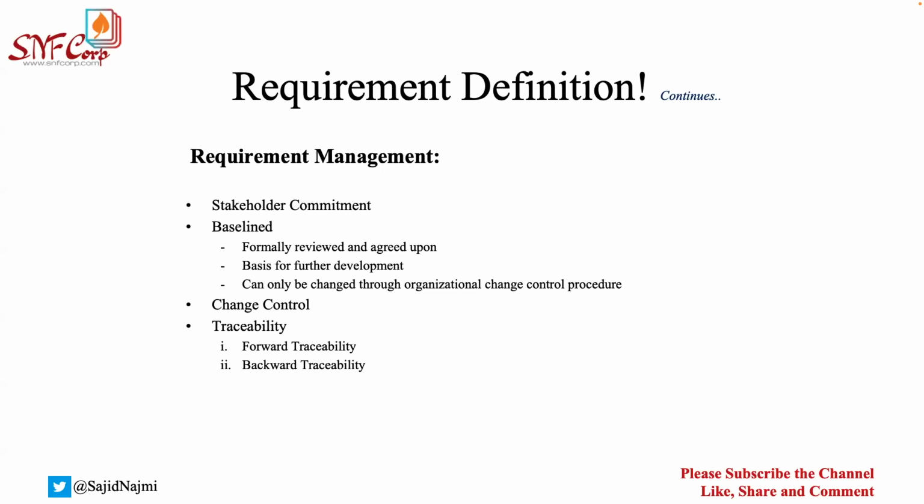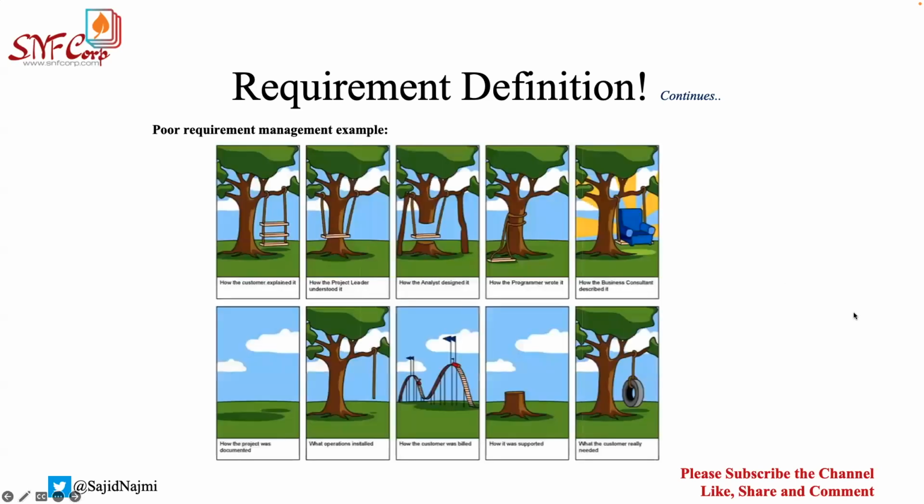Cool. So the next, wow, this is very interesting and very important. Look at this and tell me the difference. What is happening here? This is one of the perfect examples you can find on the internet of how poor requirements are managed.